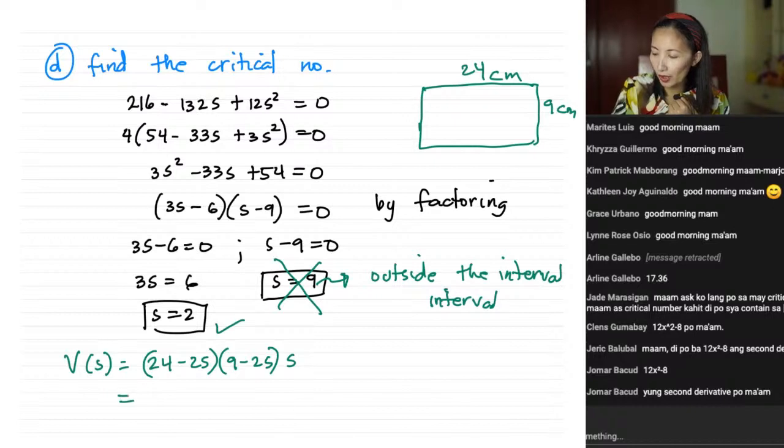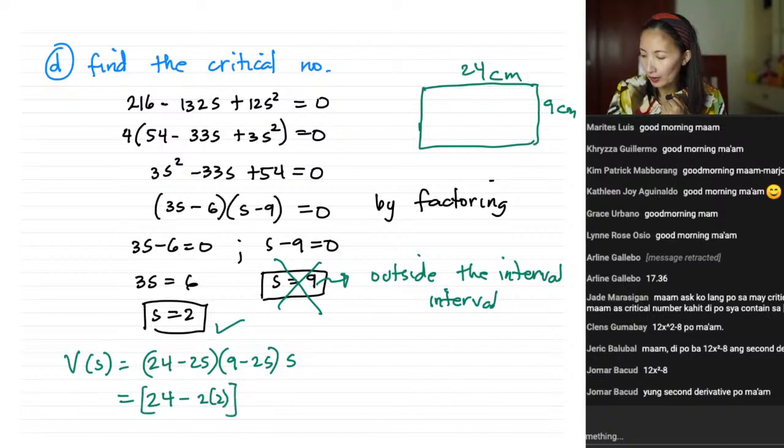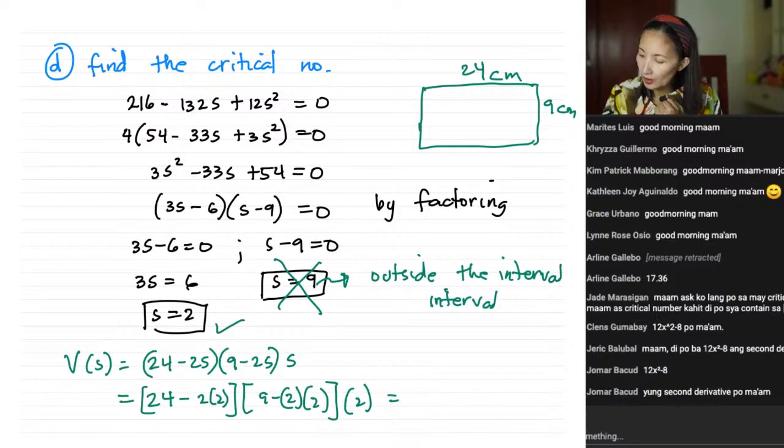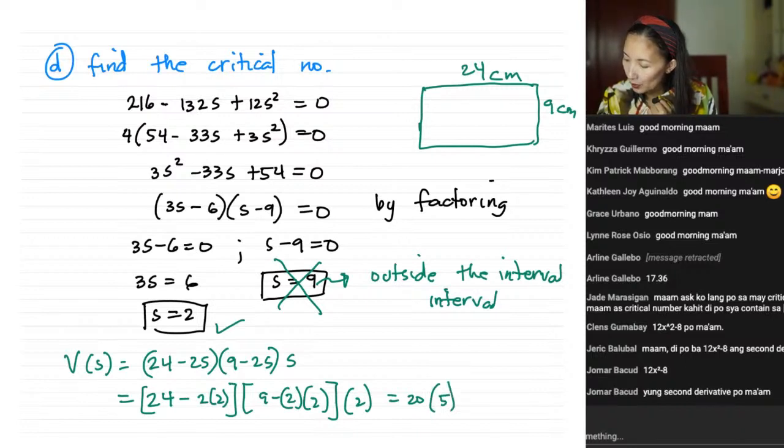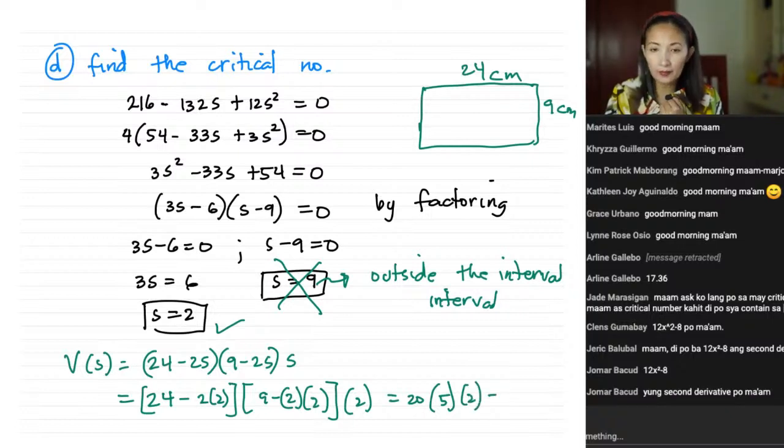So 24 minus 2 times 2, times 9 minus 2 times 2, times 2. Now let's simplify further. That's 20 times 9 minus 4, that's 5, and then times 2. And the answer is 200.